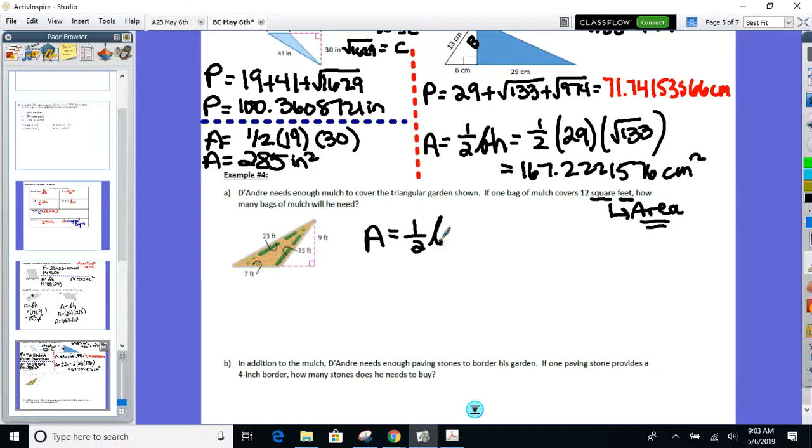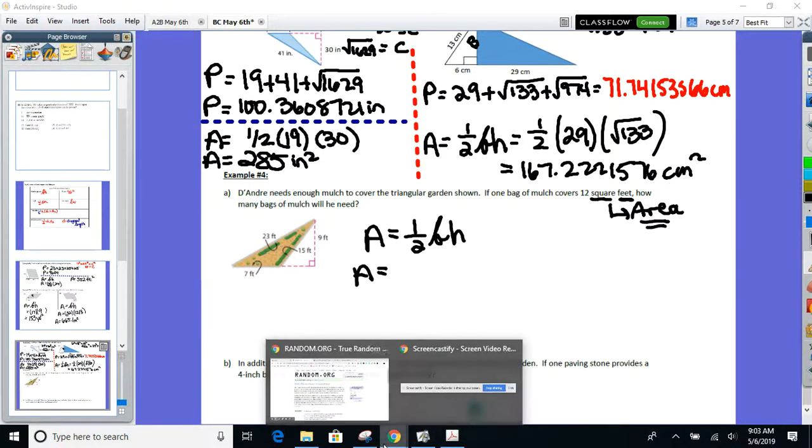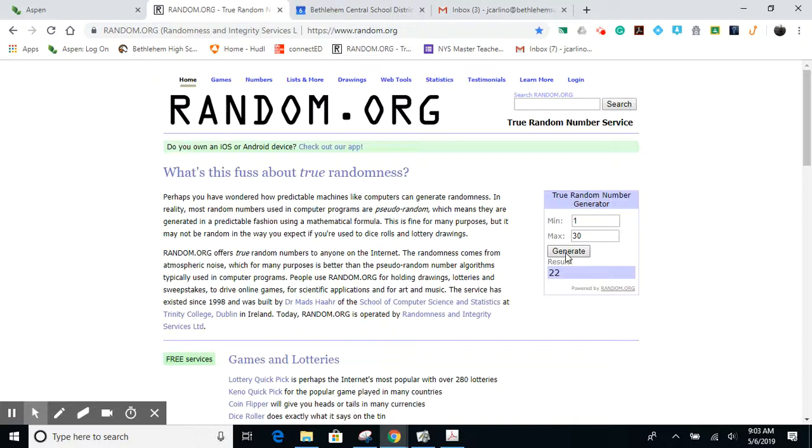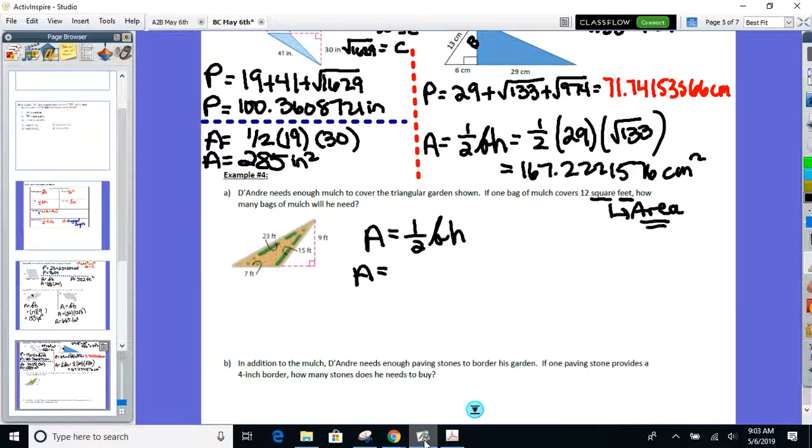One half base times height. Height is always drawn to the base, perpendicular to it. What is the base of his garden right here that we're going to use? Oh, it's 22. This part's not part of the garden, though.